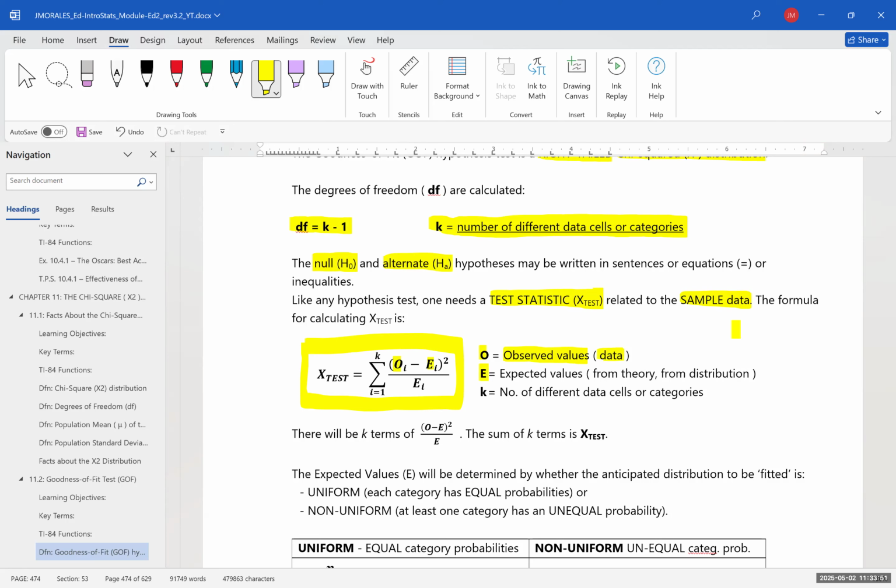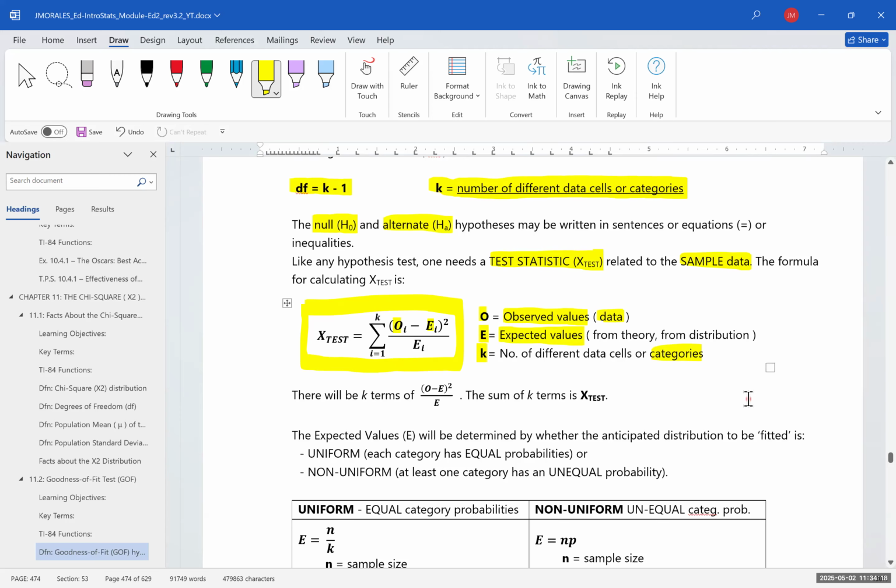Now, E is a variable that represents the expected values. Again, we're trying to see if the shape or the distribution of our sample data matches the shape of a given distribution. So we want to see if they match. And once again, k just represents the number of categories.